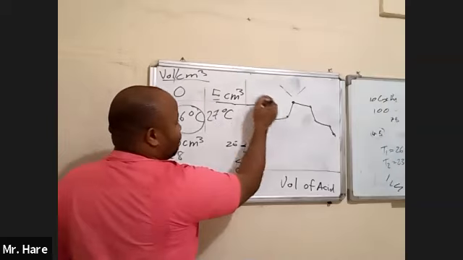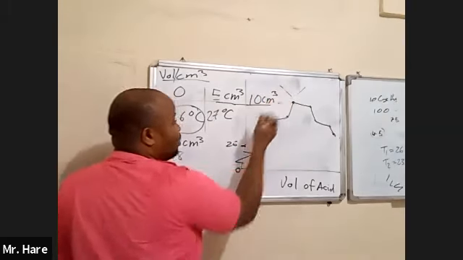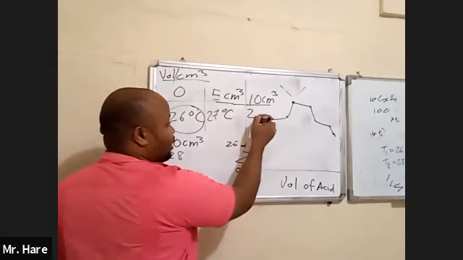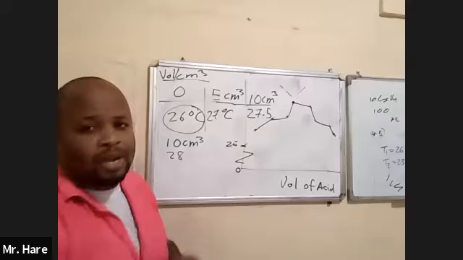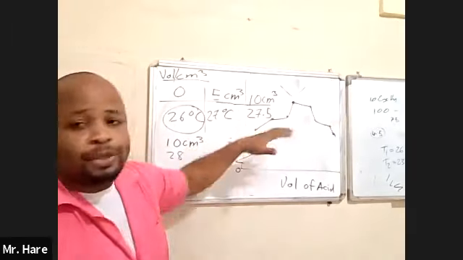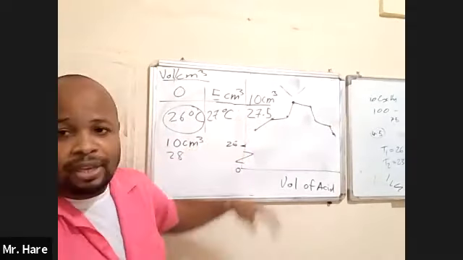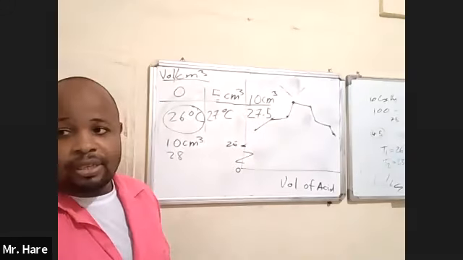When you add the next 5 cm³, which would make it 10 cm³, you would record the temperature again. Let us say it's 27.5. And if you add the next 5 cm³, that would be 15, and you record the temperature again. So in your table, you will have a series of volumes and the temperature readings.